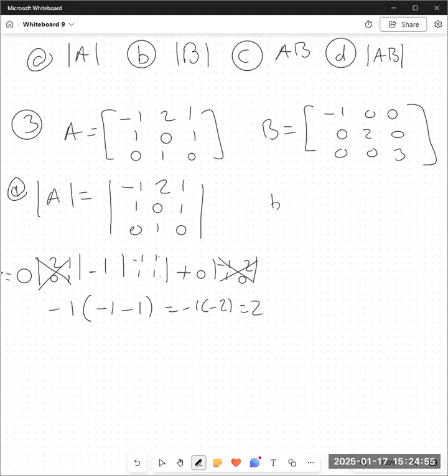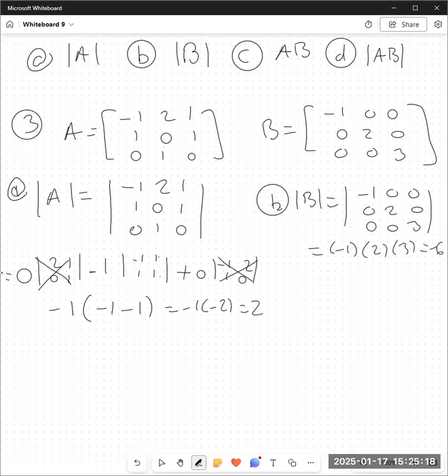Part B asks me to find the determinant of B, which is going to be the determinant of negative 1, 0, 0, 0, 2, 0, 0, 0, 3. This is already a triangular matrix, so my answer is negative 1 times 2 times 3, which is negative 6.